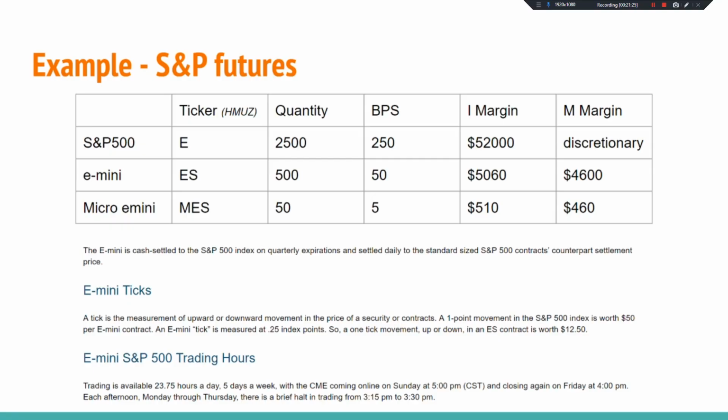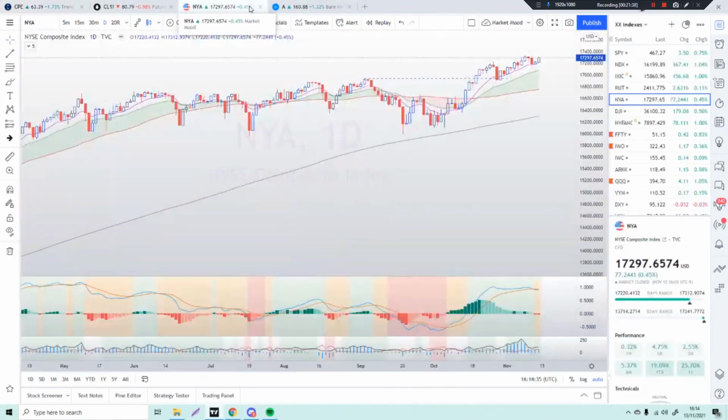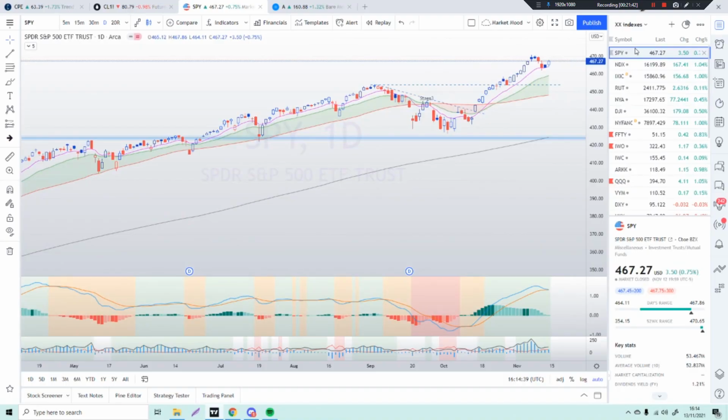But remember, you're trading 500 times the S&P 500. I'm not sure what it's at the moment. Maybe a quick flip over S&P. What's the S&P at? Oh, it's 470 on the expiry. So that's 500 times 500, a $125,000 position or whatever that you've got on there.